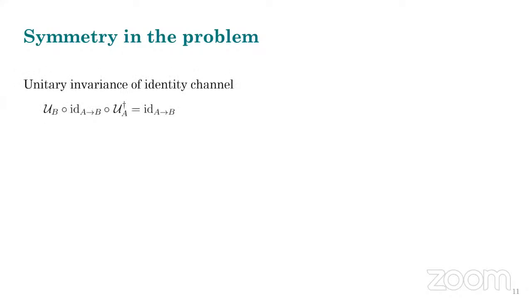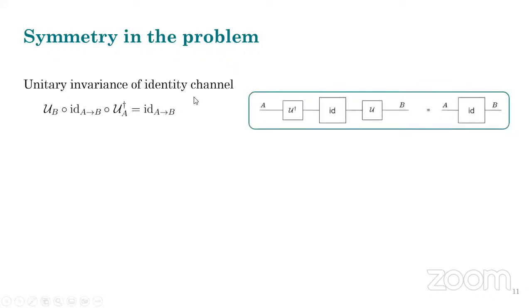We know that the identity channel has this symmetry: Alice can apply a unitary and send the information of the unitary to Bob, and then Bob can apply the Hilbert-Schmidt conjugate of that unitary, and that channel remains invariant in this condition. Also, we know that the diamond norm is invariant under unitary action.